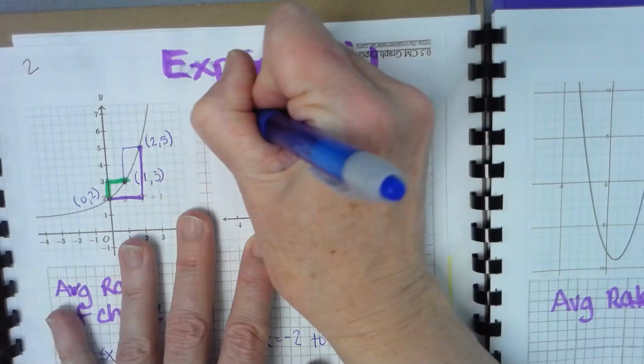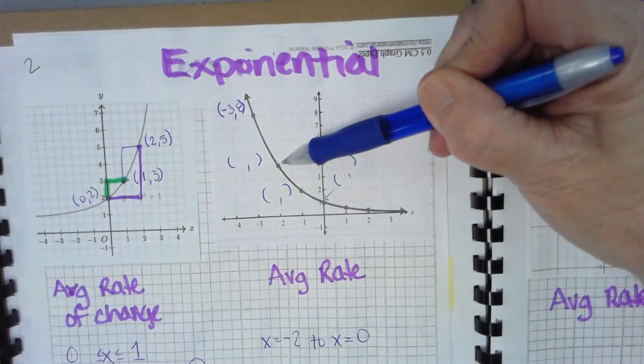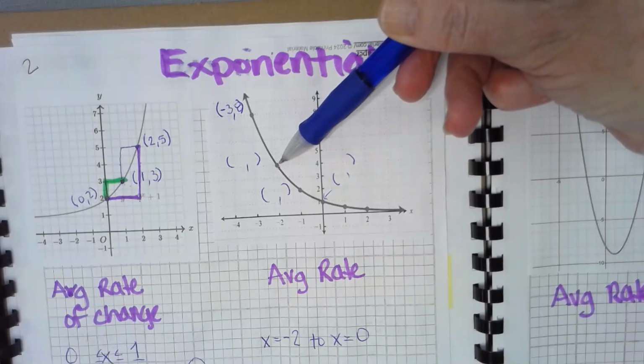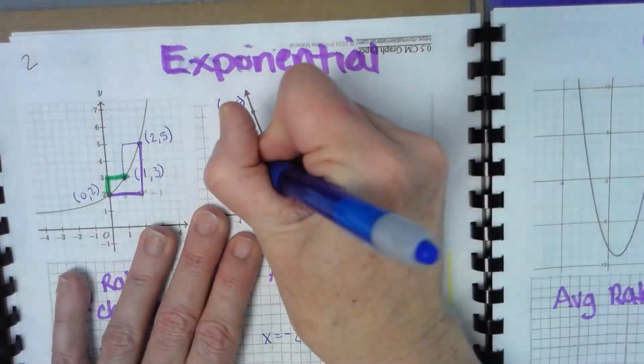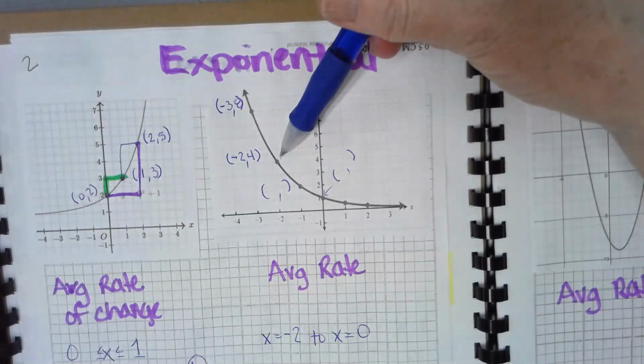Thank you very much. Okay? This ordered pair, Austin: -2, 4. That is exactly right.